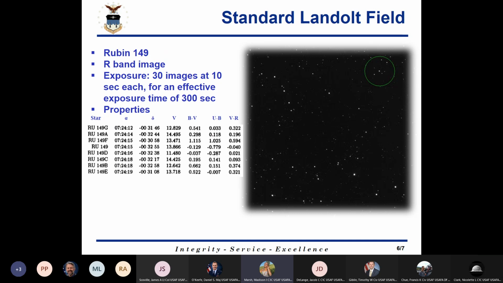The properties, once again, were taken from his 1992 paper. You can see the list of all the properties of the stars, and on the right side of the page there's the picture. The little green circle at the top shows the stars that we actually pictured in this Rubin 149 field.